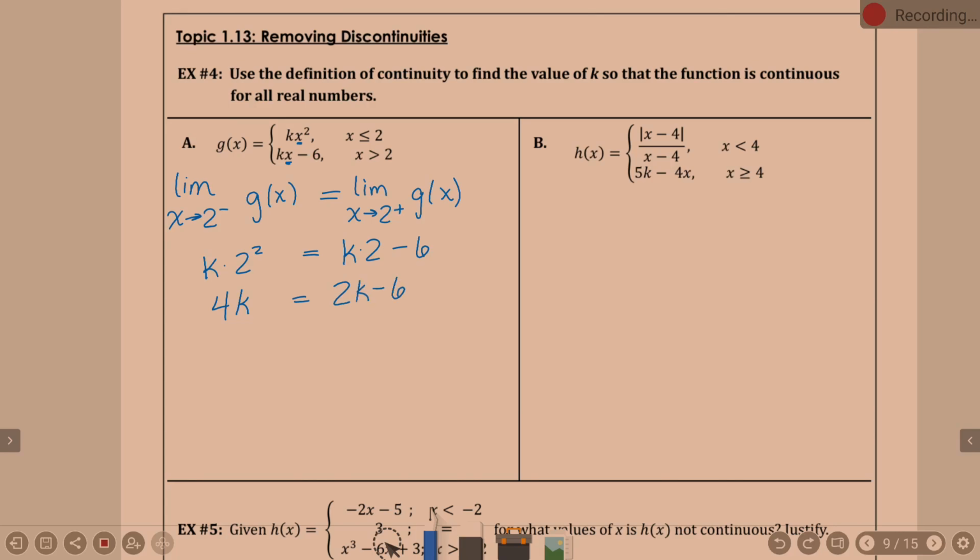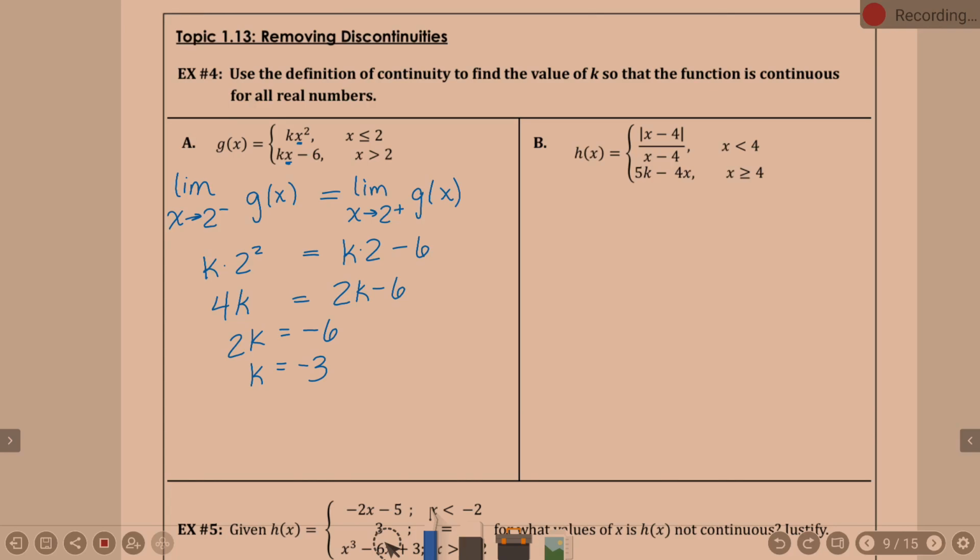Can you find k? Subtract 2k over. So then you have 2k equals negative 6. Divide by 2, and k is negative 3.